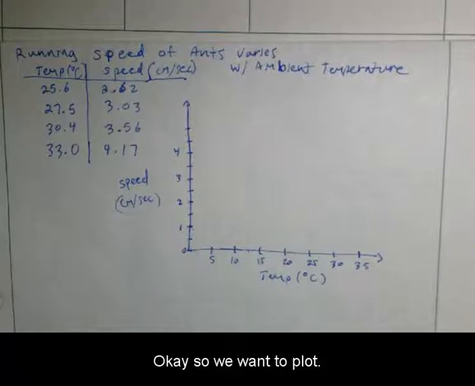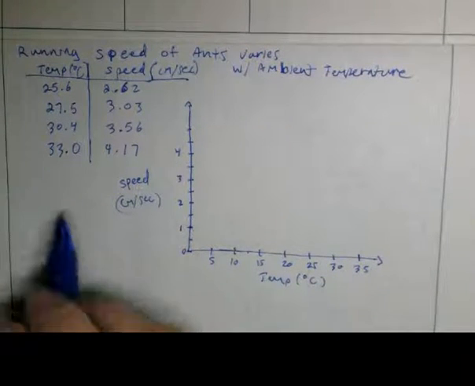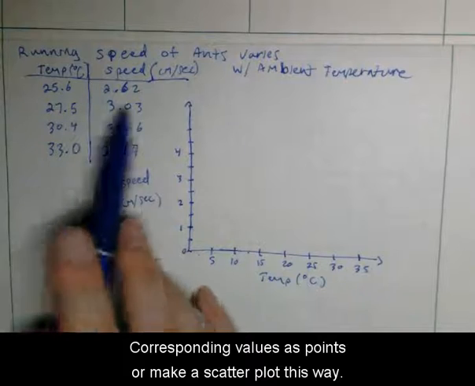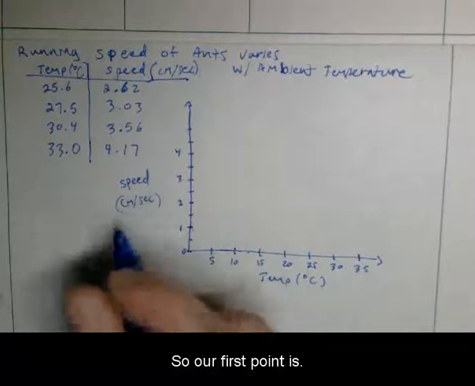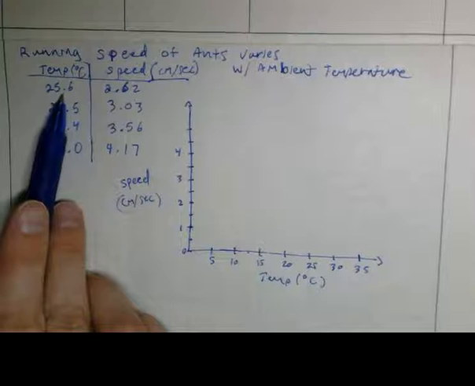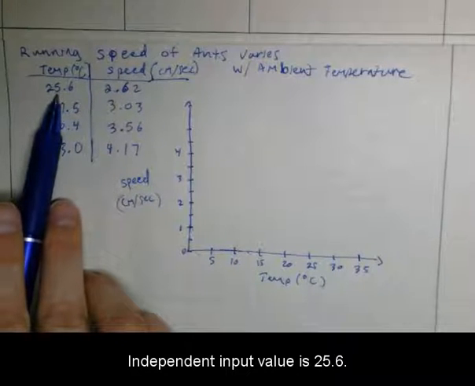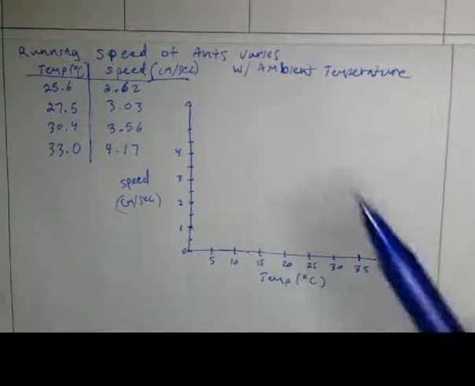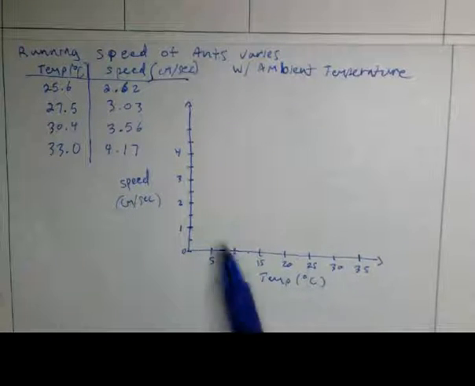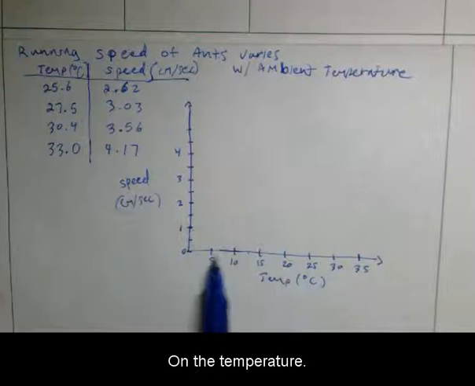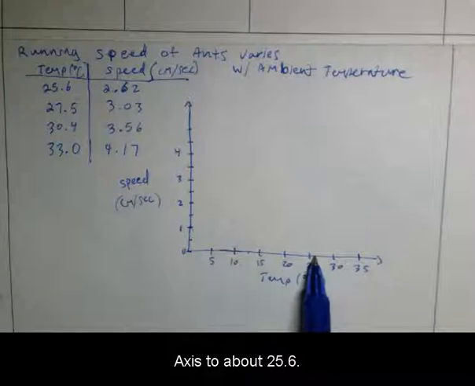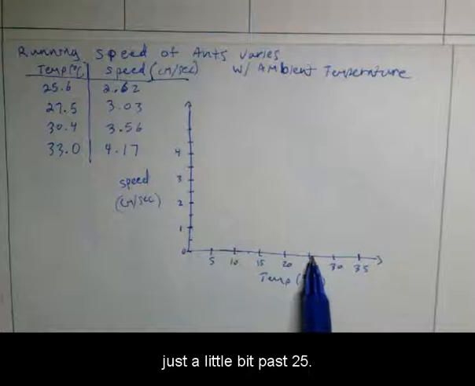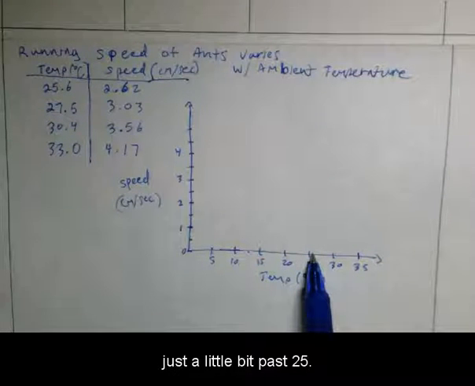Okay, so we want to plot the corresponding values as points. We'll make a scatter plot this way. So our first point is our independent input value is 25.6. So we're going to go over on the temperature axis to about 25.6, so it's just a little bit past 25.